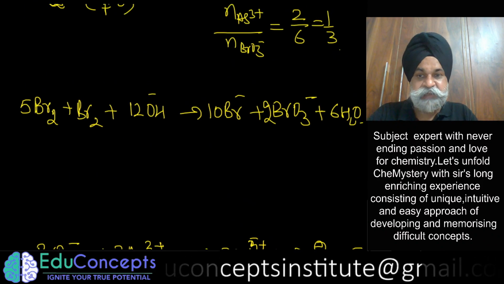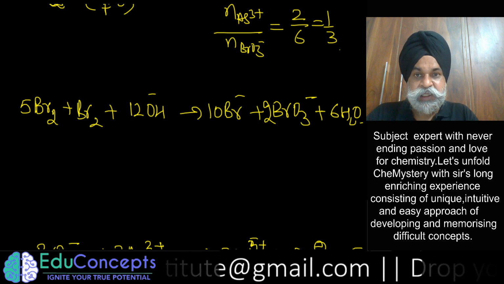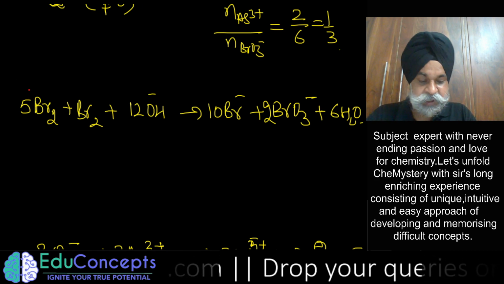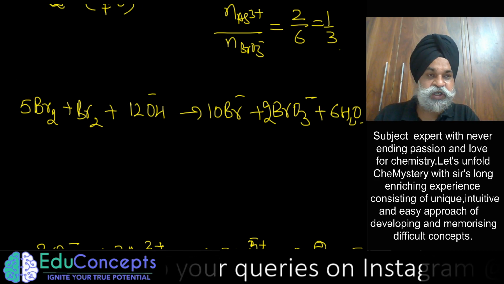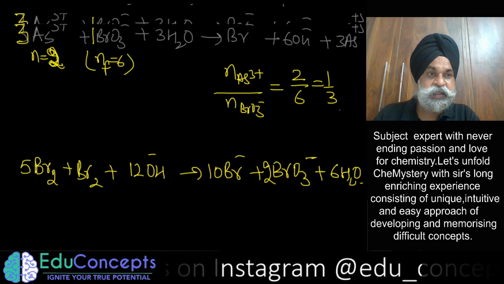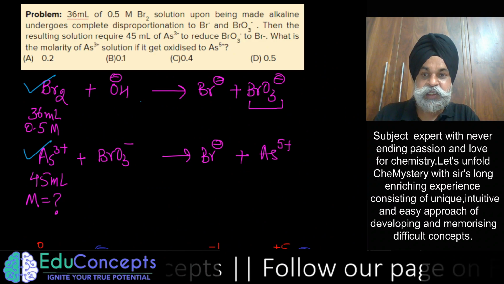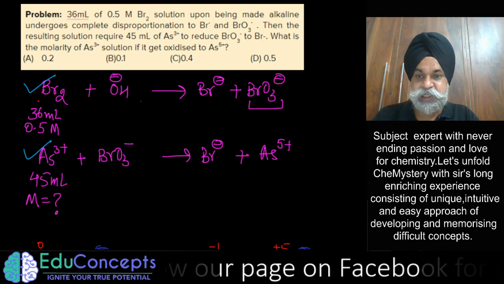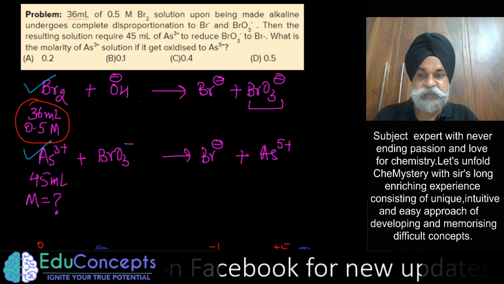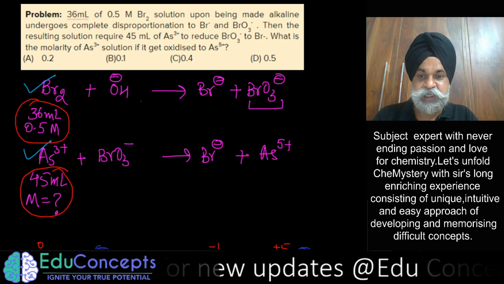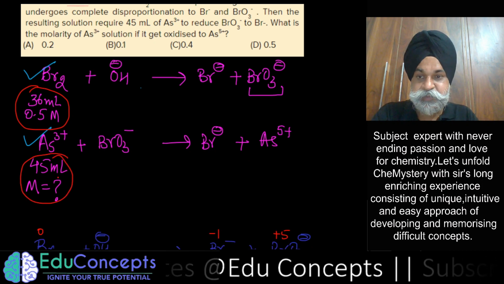So what is being given here as per the data? Let us first go to the top of the question. We just have balanced the equations. Now see here, 36 ml, 0.5 molar is given, and this is 45 ml. Let me write the data once again for you.